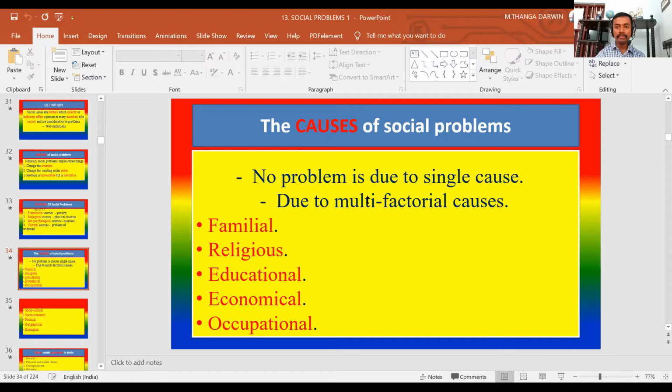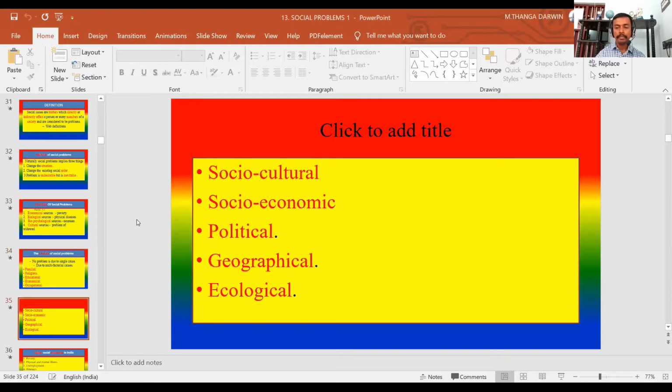Every social component contributes: family, religious, educational, economic, occupational, cultural and political causes, and mainly geography and environment: physical and biological environment, landscape, and ecosystem, the systems of environment, physical, biological and socio-cultural.